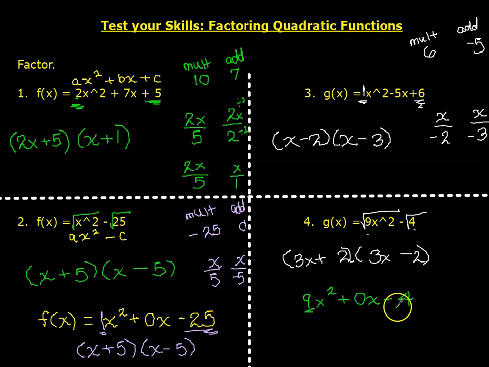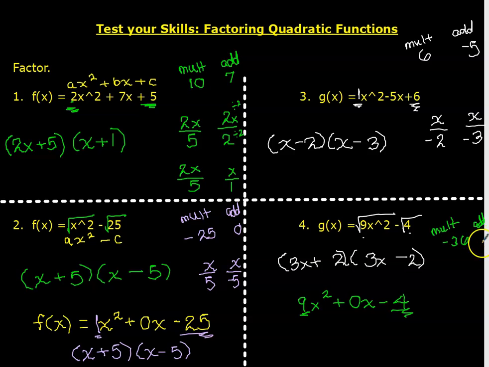You need two numbers that multiply to be negative 36 and add up to be 0. And those two numbers happen to be 6 and negative 6. And then over each one of them, you'll put 9x, and they can both be reduced.